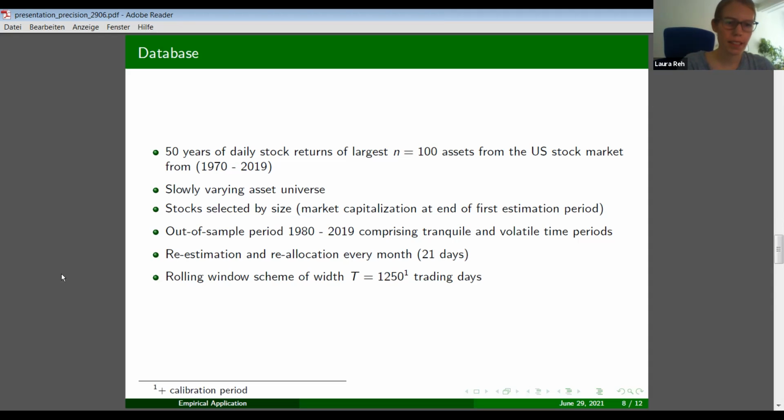The out of sample exercise is in a rolling window scheme, with a 5 year estimation window. For our approach, we additionally have a calibration period of 1 year.